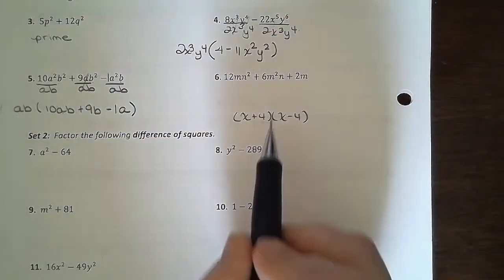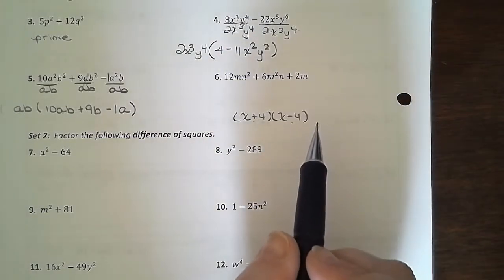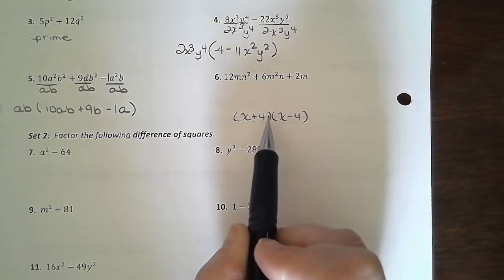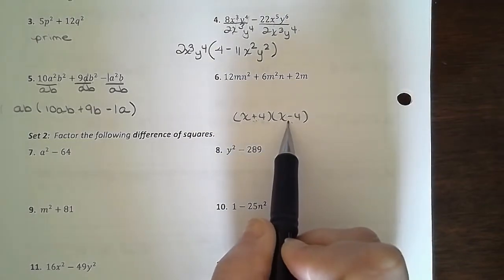This is called a product of a sum and a difference because both these binomials are exactly the same, but the only thing that changes is this one has a plus, which makes it a sum, and this one has a minus, which makes it a difference.